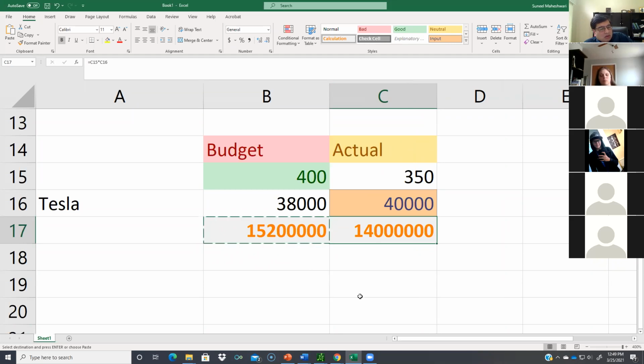Now, is this variance favorable or unfavorable? Did you do well or did you do badly? I would say badly because it's a lot less. I would think it would be favorable because you saved money on your actual compared to your budget.